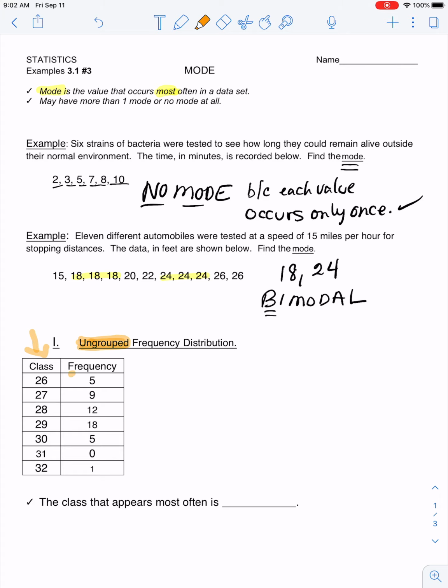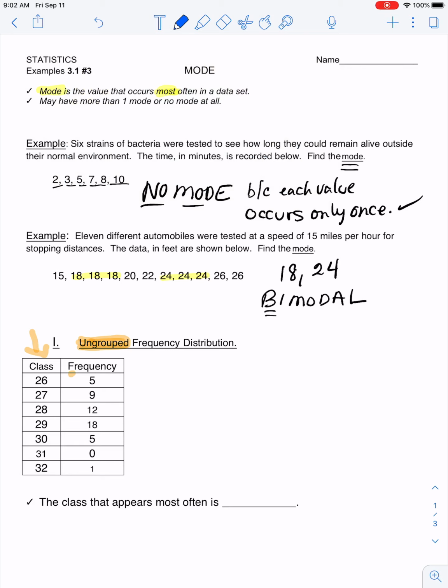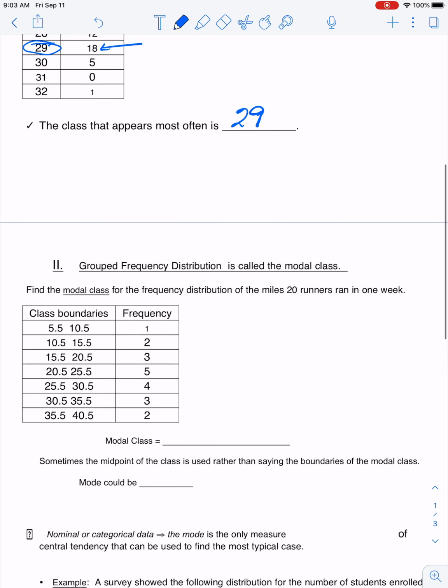To figure out the mode, you look at the one that has the highest frequency. In this case, 18 is your highest frequency. That means the mode is going to be 29, because there are 18 29s in the data set, and that is the most of any.